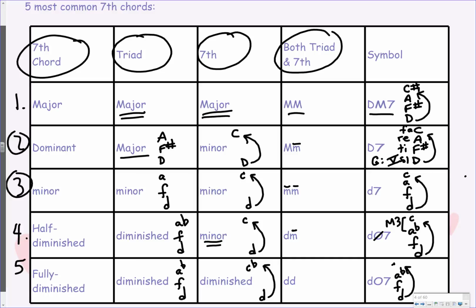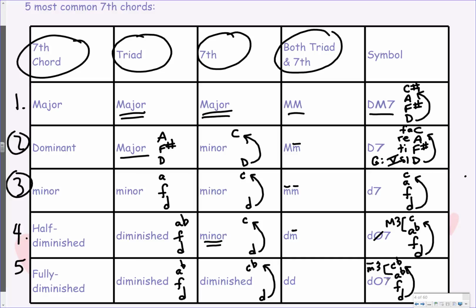So not C, but C flat. And when you do that, the interval from 5th to 7th is now a minor third. And that's really the only difference between the half diminished and the fully diminished. The fully diminished, that 7th is lowered again.